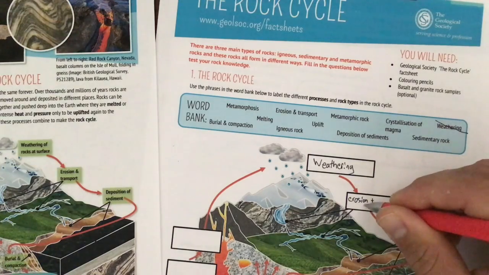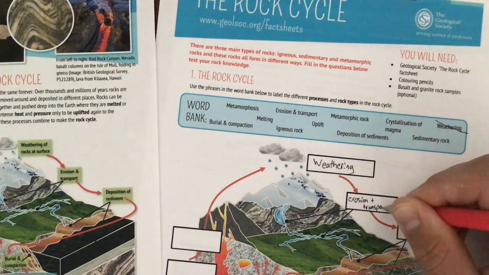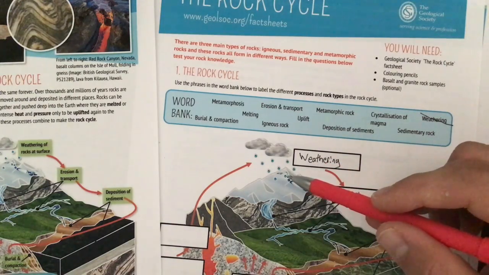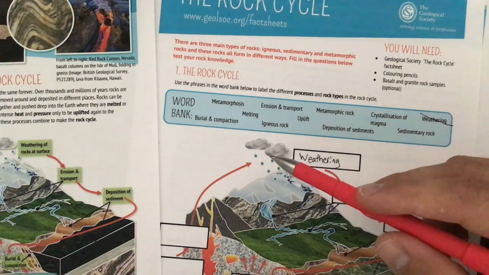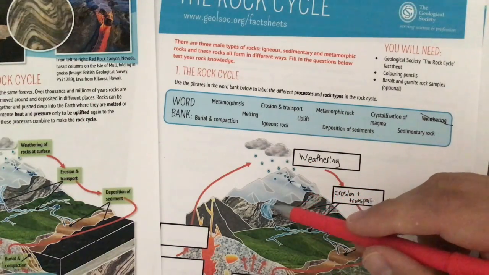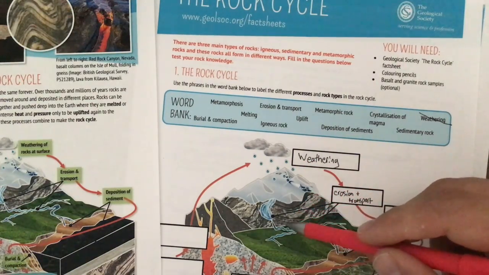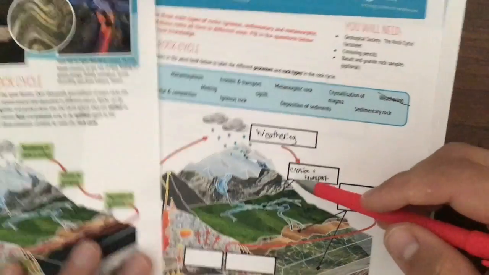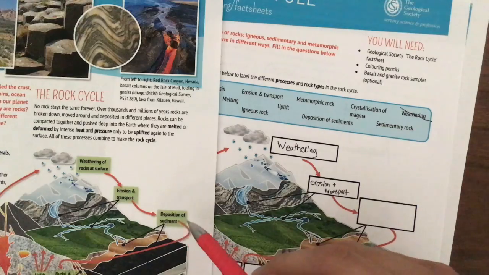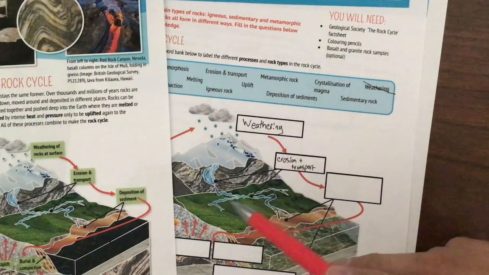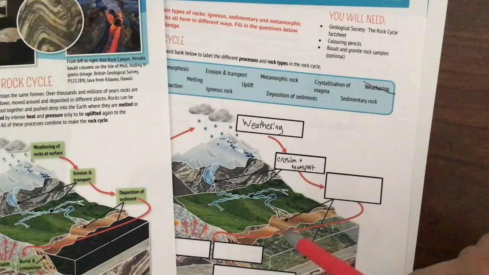Erosion and transport. That means the weather is making that rock, it's pulling the rock up. We saw how water can move rock, and see how it's making this little river down here, and it's eroding and it's transporting the rock down the river. Next we have deposition of sediment. This is when the stuff travels through the river and then it stops, so it's deposited.